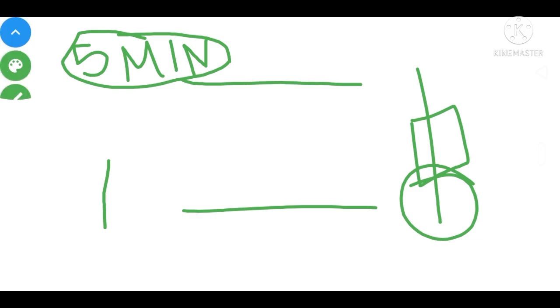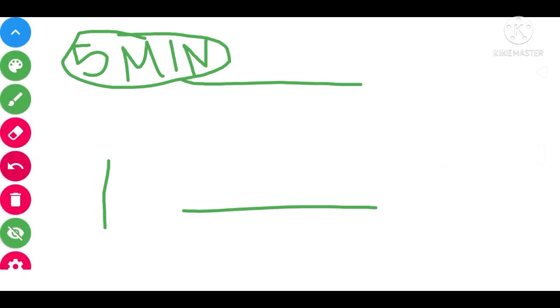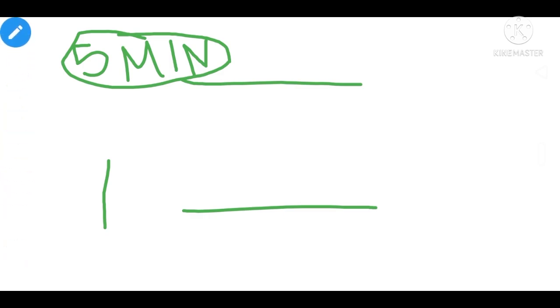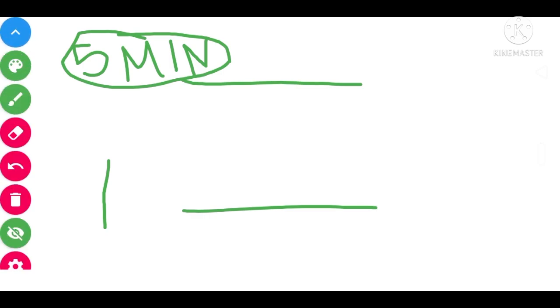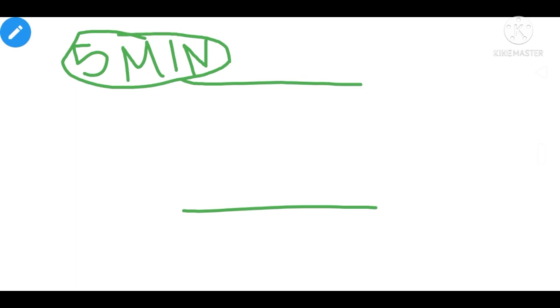These are basics. I hope you know. If you still don't know, there are many videos on YouTube. So I'm going to tell you now. This is a 5-minute candlestick chart.